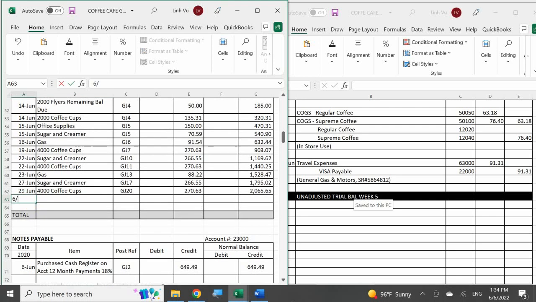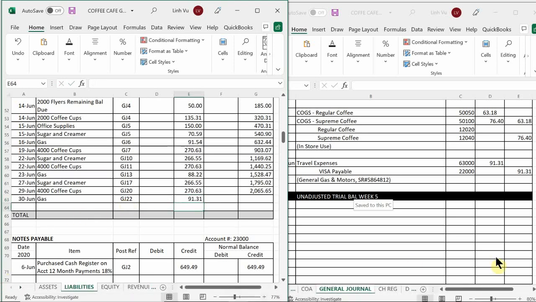I charged the account for some gas for a total of $91.31. So that gave me a grand total of credit card charges equal to $2,156.86.